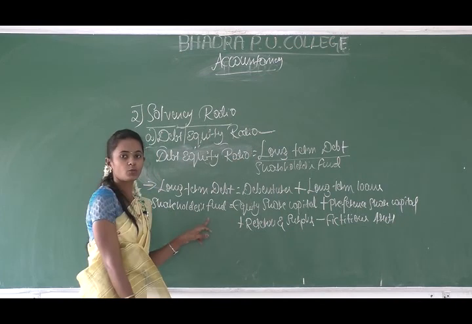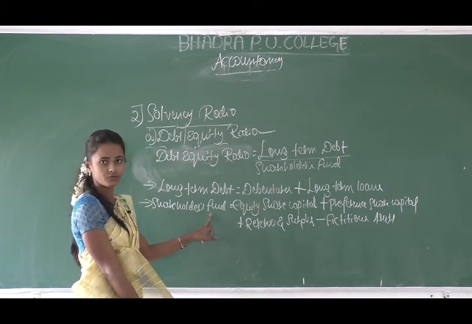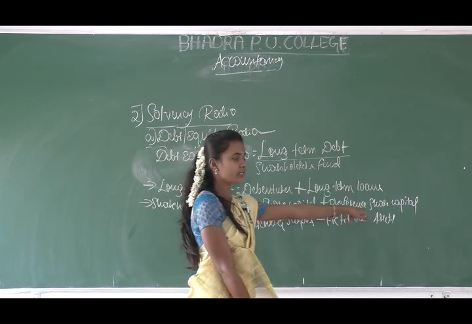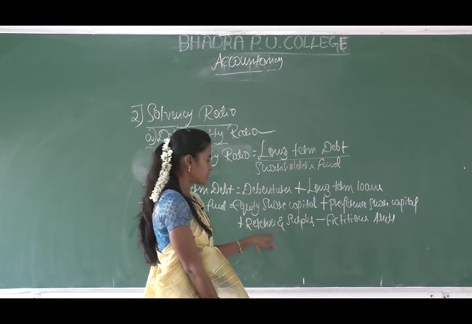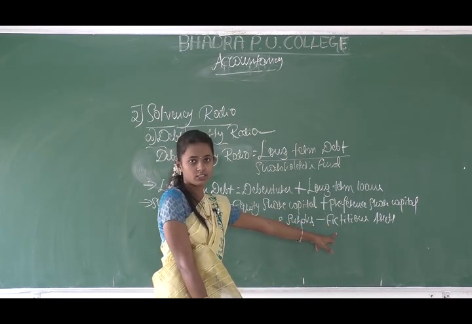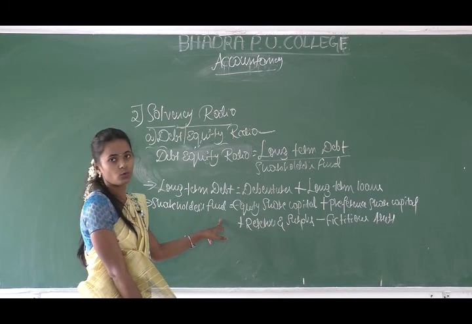So, this is the formula for the calculation of a shareholders fund, that is equity share capital plus preference share capital plus reserves and surplus minus fictitious assets, then we can get our shareholders fund.